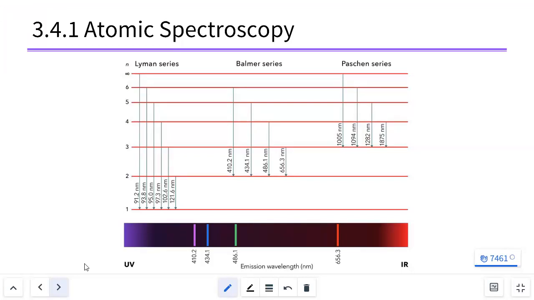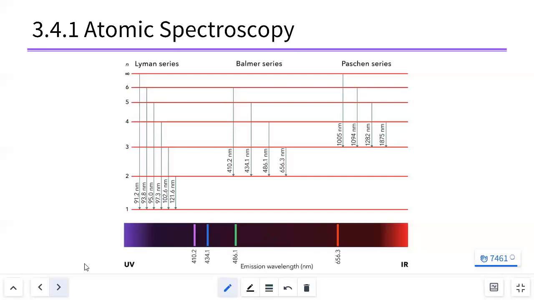We'll tackle this a little bit on Friday, but the idea here comes down to what we are going to call energy levels. Specific places, specific amounts of energy that an electron can hold inside of an atom. And these lines that we see are related to movement from one energy level to another.